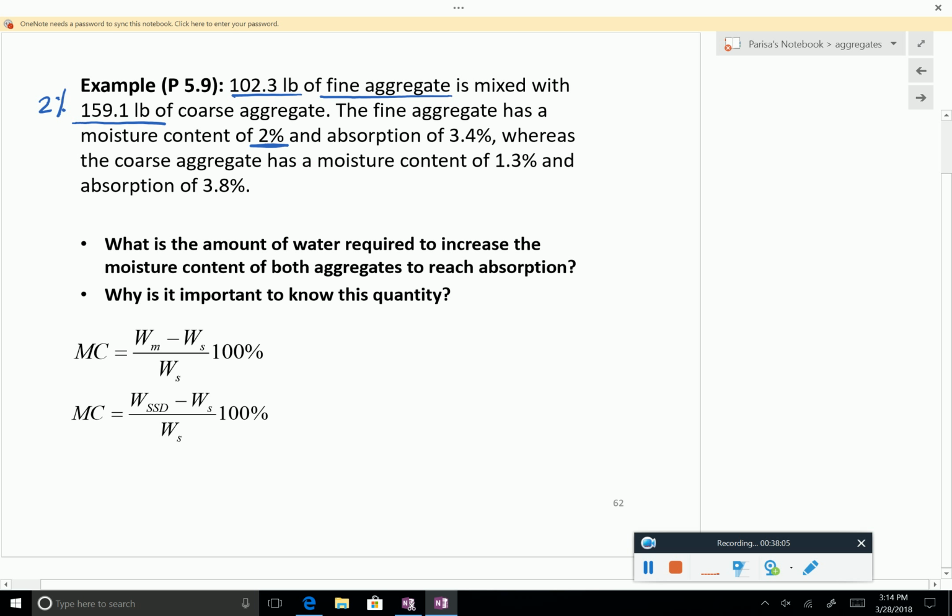Coarse aggregate has a moisture content of 1.3% and absorption of 3.8. So the question is how much water you need to bring both aggregates to saturation. And remember one thing, if you are not told, if you just say these aggregates with this moisture content, it means that these are air dry.